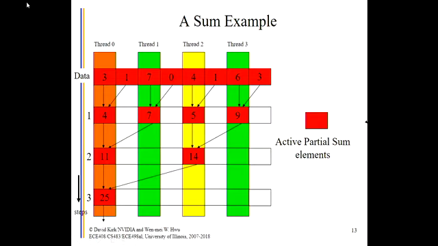That is, when we look at the sum example, when we calculate each partial sum in step 2, the results will be coming from 2 elements away rather than one element away as compared to step 1. And then in step 3, one of the values will come from 4 elements away, right?